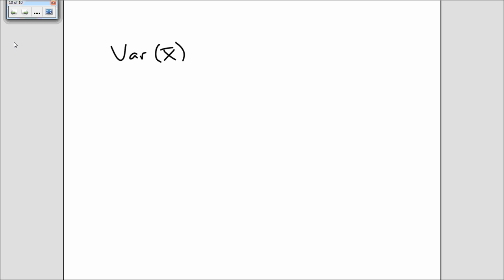How much is the variance of x bar? Well, the first thing I want to point out is, if you have the variance of a times x, this is a squared times the variance of x. Okay?